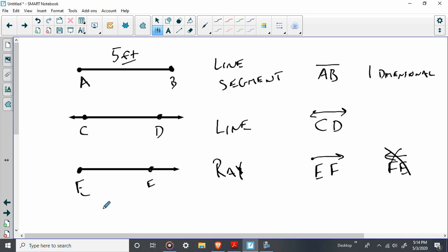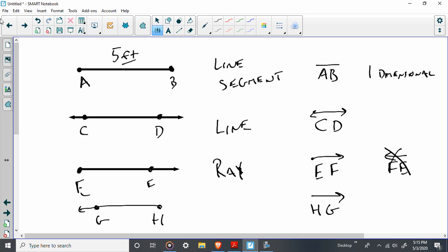So if I said, call this GH, well, then this is ray HG, always in this direction. Where's the endpoint? It's H, where it's going forever, G. Okay? So just watch that. It's not that complicated, but your endpoint is always where you're starting from, and it's always going in that direction.